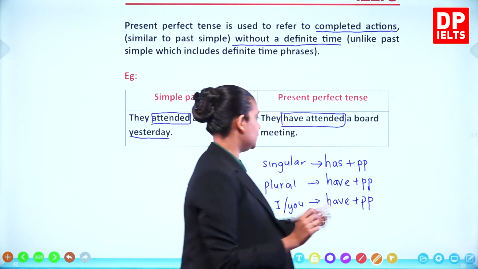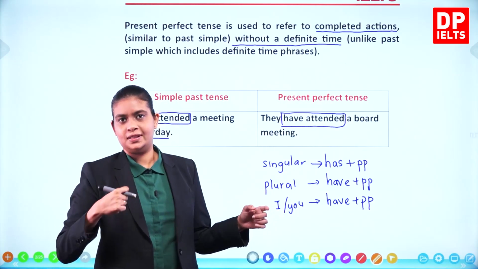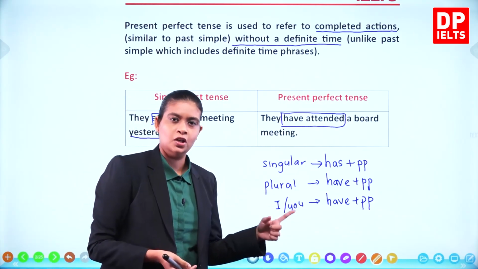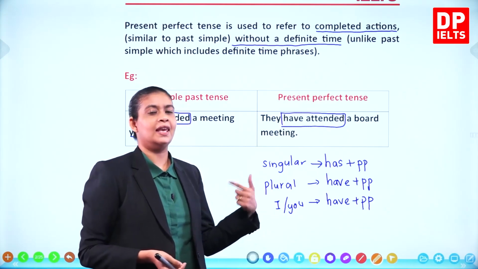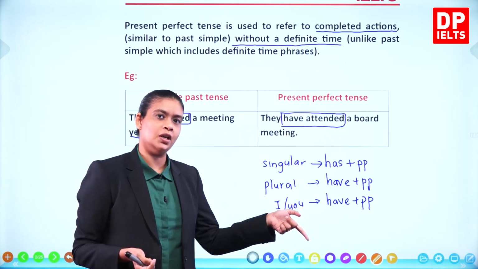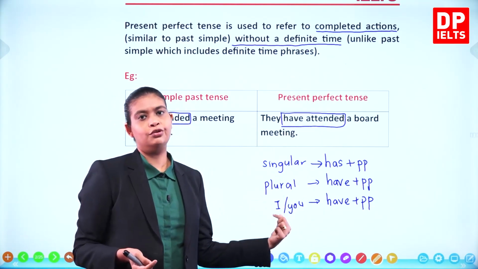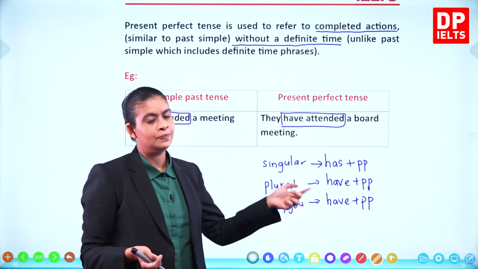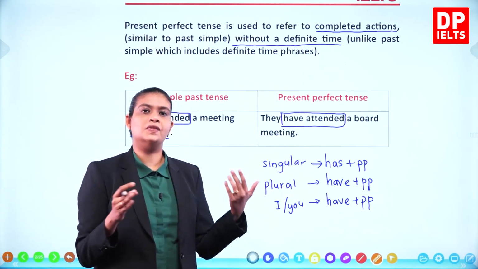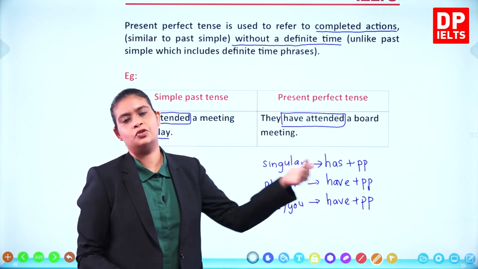Past participle means, go: present tense, past tense, went, past participle, gone. She has gone, he has gone, it has gone, they have gone, we have gone, I have gone, you have gone. Okay, so remember, irregular verbs will change, whereas the regular verbs will remain the same, like jump, jumped, jumped.